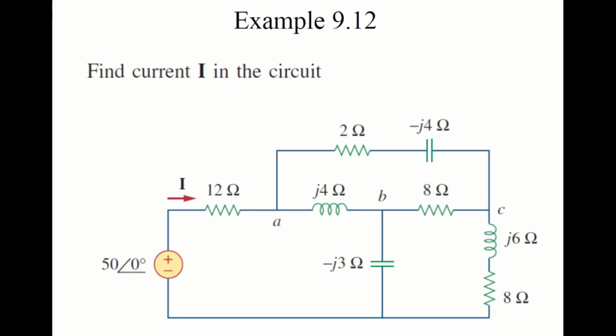Okay, let's look at another example in delta-wye transformation, or star-delta transformation. If you look at this circuit, you might not see where the delta or the wye circuit is, but if you look carefully over here, from this point here, it's basically like this.